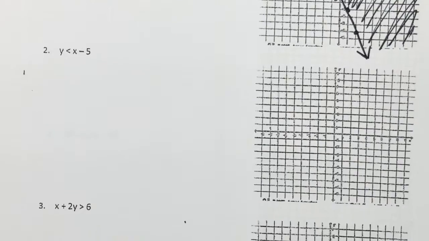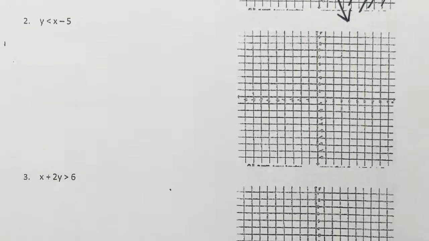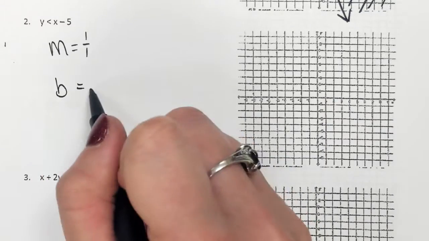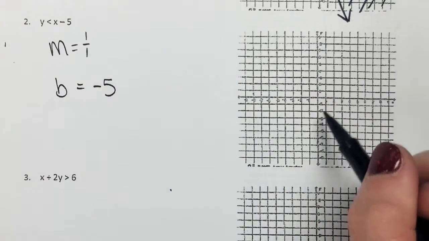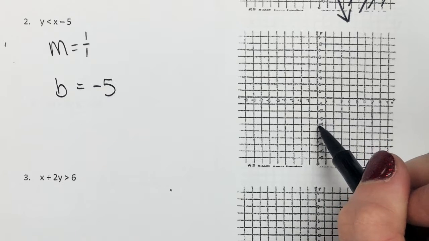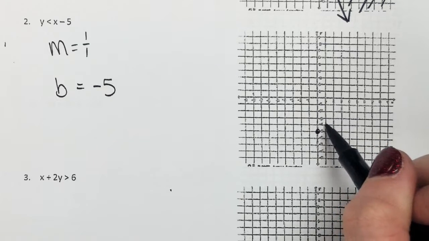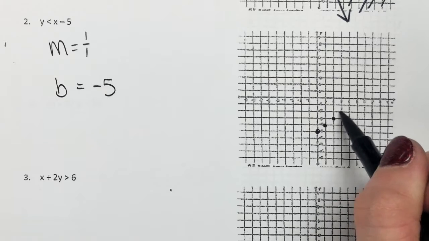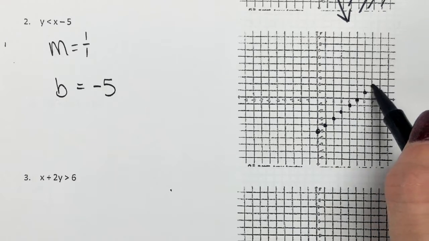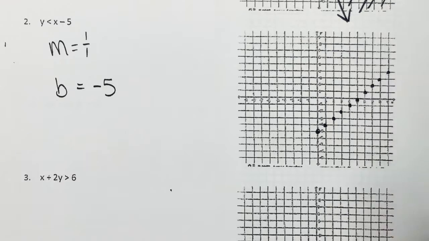What's your slope and your y-intercept on number 2? 1 over 1, and your y-intercept? Negative 5. There you go. So we're going to go up 1 and right 1. And we're going to need to make it pretty large, so that way we can see what we're doing.